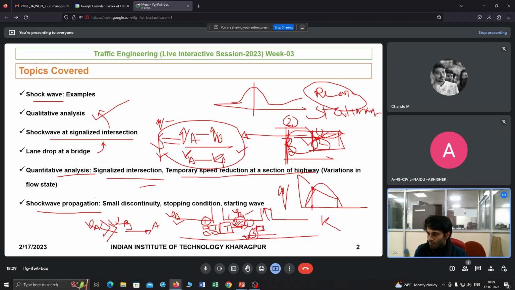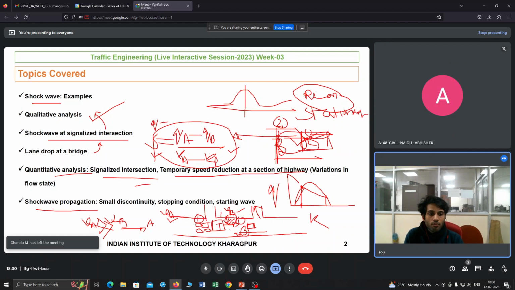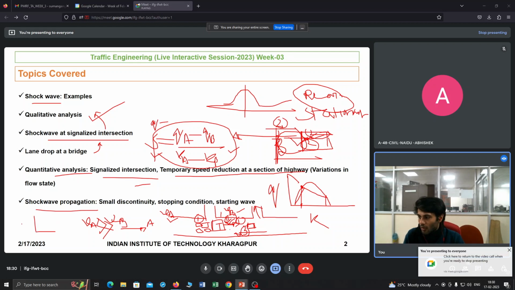Yes, thank you. So in the last class we talked about some models like Greenshields and Greenberg, right? As soon as we assume that your traffic flow parameters follow the Greenshields or Greenberg model, these models, if you remember, relate speed V and density K, as a linear model or log-linear model, right?